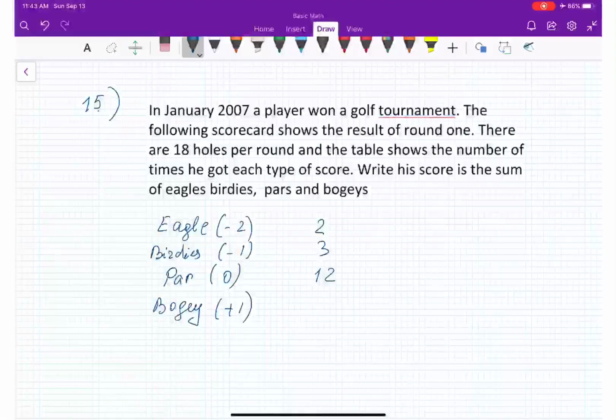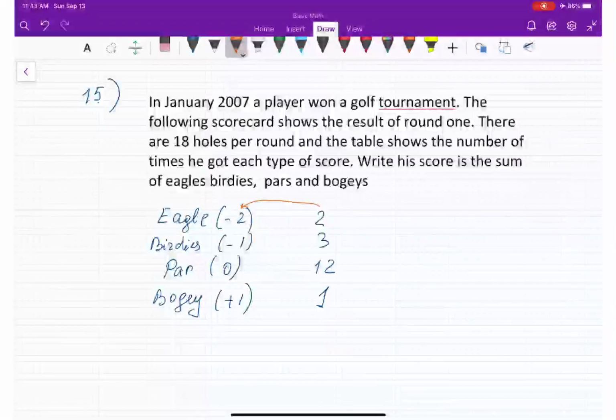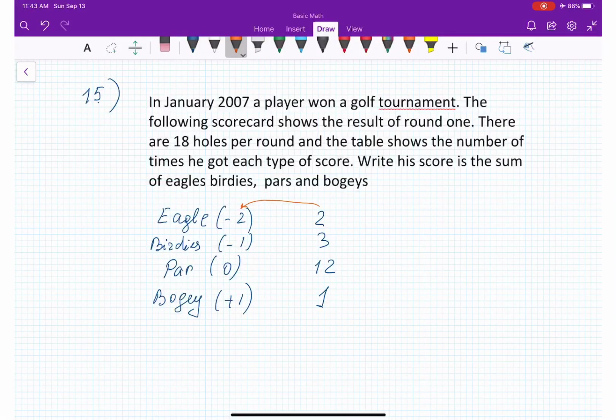So, what I'm going to do, practically, I'm going to take this number of times it happened times the score -2, and then plus 3 times -1, and then plus 12 times 0, and then plus 1 times +1. So let's write it down and solve it.